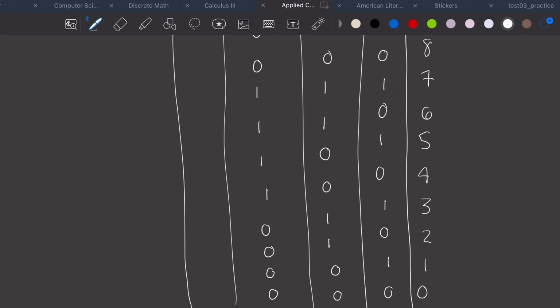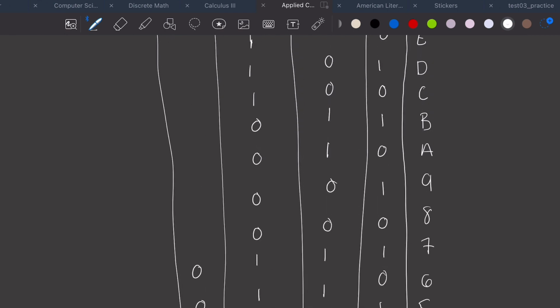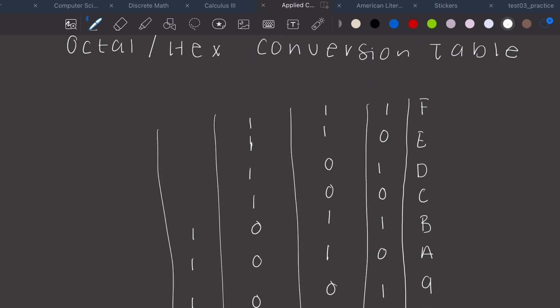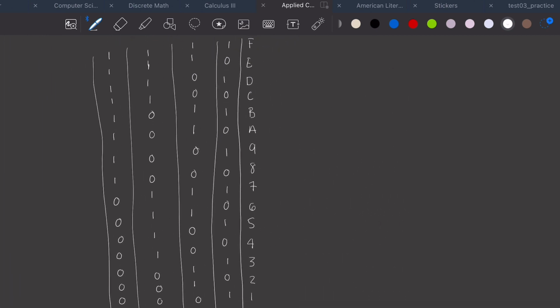The next row will double once again, and we will have 8 zeros and 8 ones. Okay, and so here is the table.